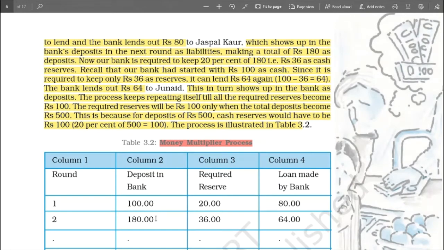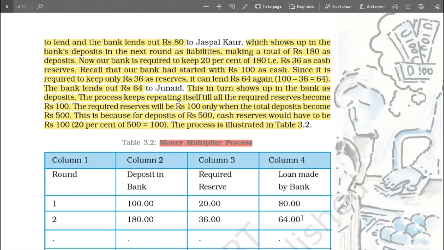So we also learn that now the bank has 180 as deposit, not 100, in the second round. It can again keep 20% of it as a reserve, and if you calculate at 20%, it becomes 36, and the rest is loaned out, 64 rupees.